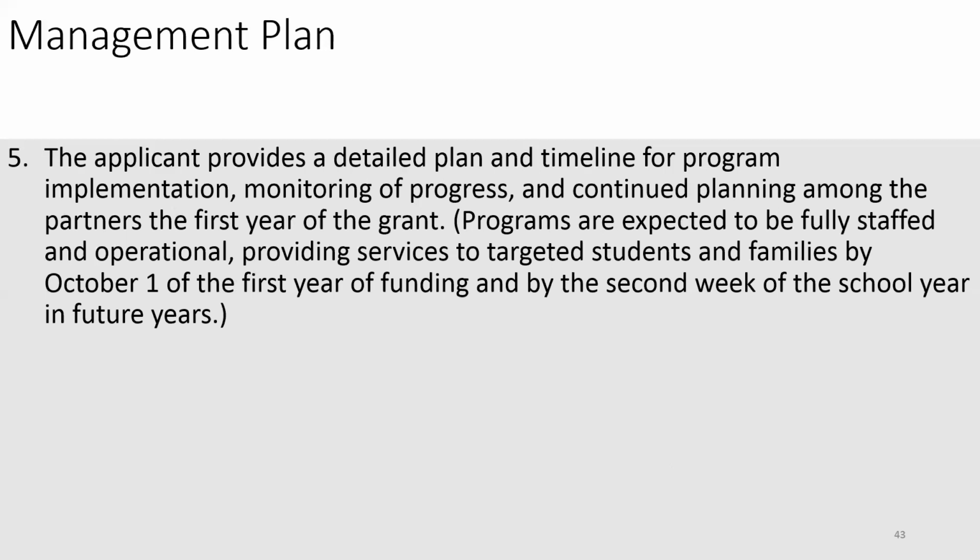Then, what would you be doing a few months later in terms of monitoring the progress of your staff and implementing what you want them to do, providing coaching, monitoring the progress of your students, starting to collect the data, all the things you need to do to see how you're doing, and then how you're going to use all that data and information to plan for the next year. That's what we mean by a management plan.